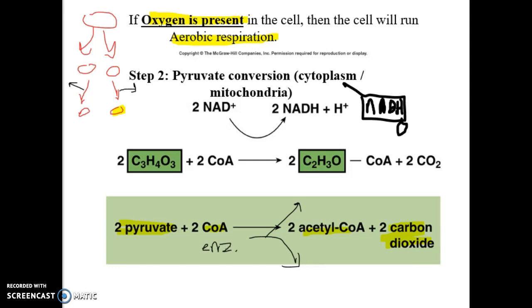Because remember, the mitochondria is inside of the cell. So to get into the mitochondria, you got to be even smaller than what is required to get into the cell. All right, so this is our second step if we're running aerobic respiration. What we'll talk about in the next lecture is step 3, step 4, and the massive amount of ATP we're hopefully going to be making from aerobic respiration.